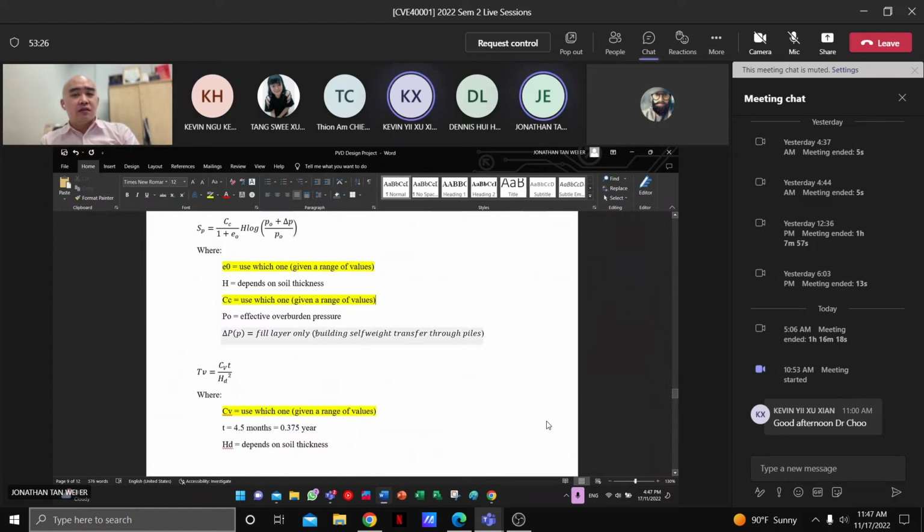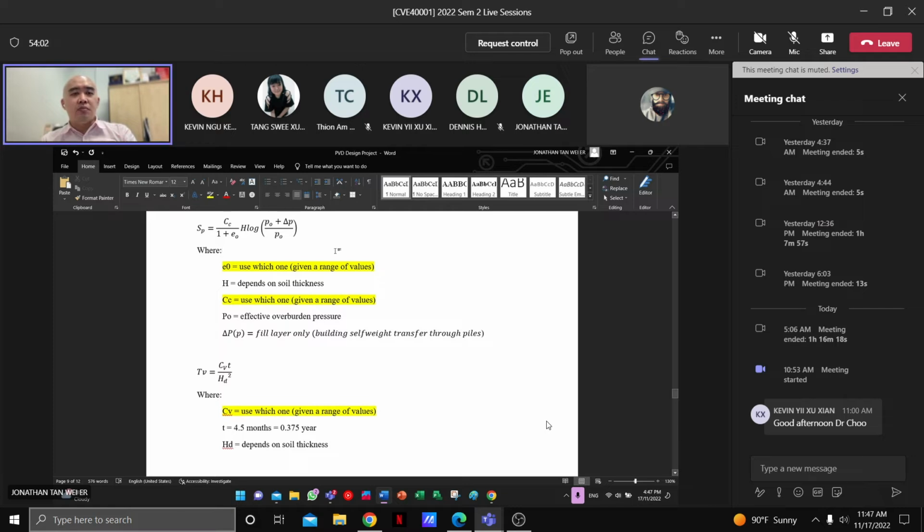So when you state this, it is because the load will transfer through the piles to the firm layer below. It will bypass the soft layer, meaning that the building's weight is not transferred to the soft layer, so only the field.